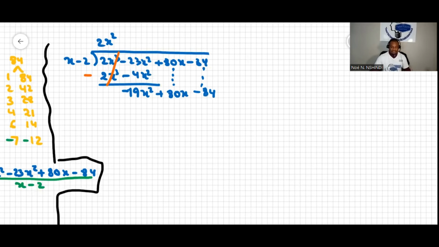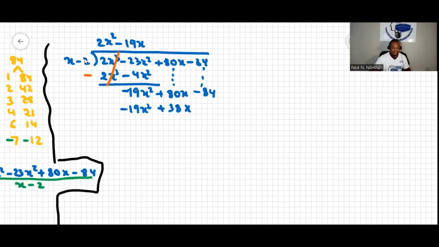Again, we will do then negative 19x squared here, divide by x, that will make negative 19x. Okay, and now we do negative 19x times x. This is negative 19x squared. And then negative 19x here times negative 2, that makes positive 38x.